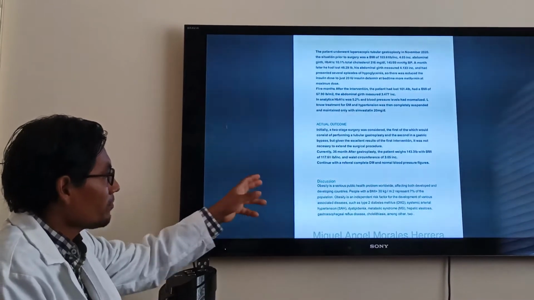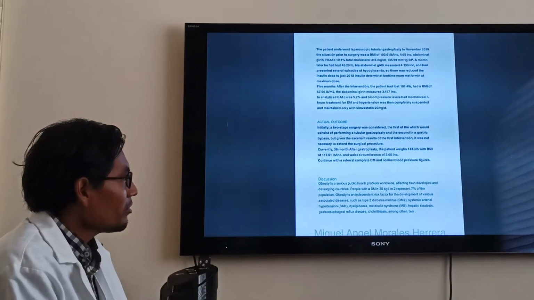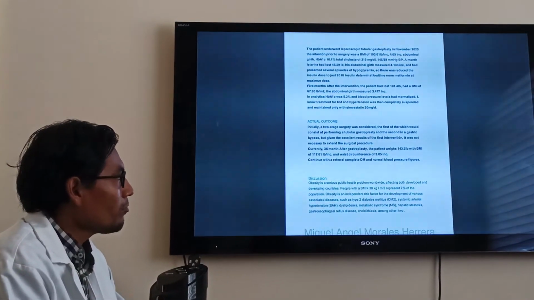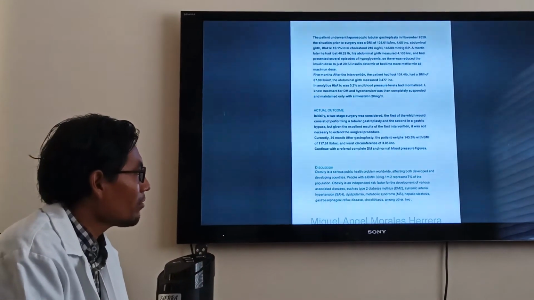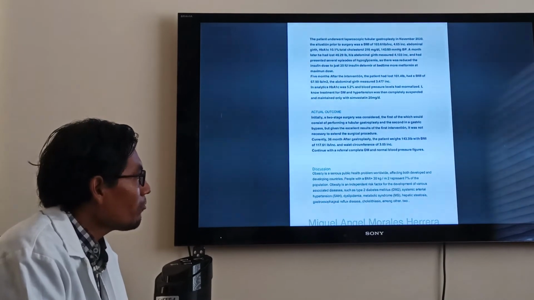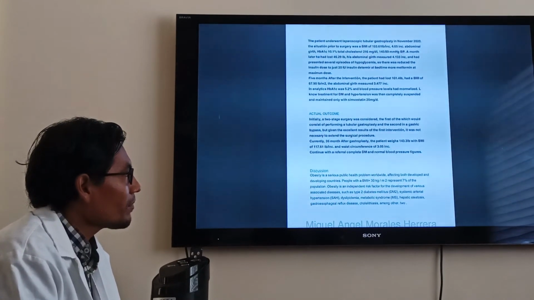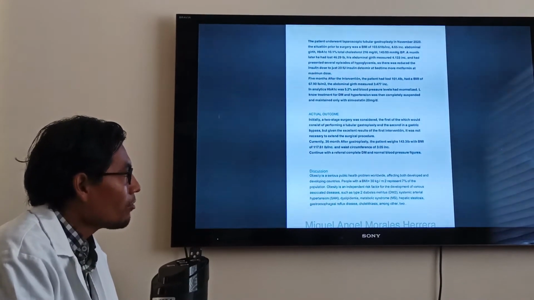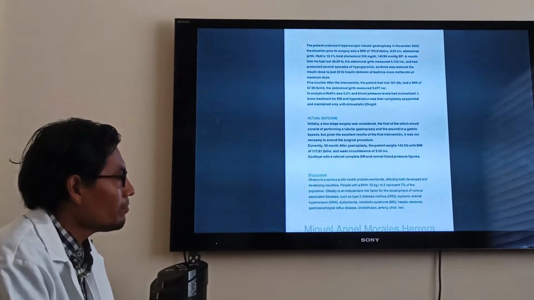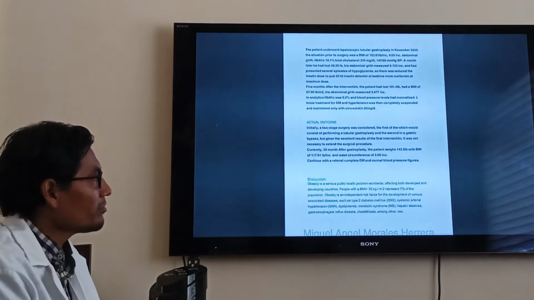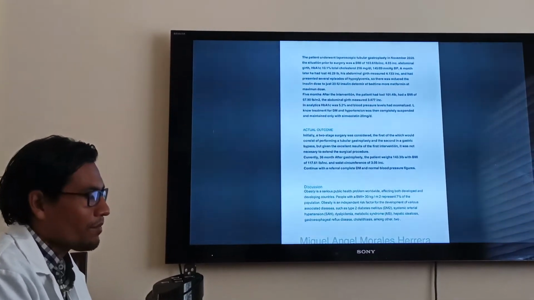About the discussion, obesity is a serious public health problem worldwide, affecting both developed and developing countries. People with a BMI of 30 kilograms per square meter or more represent 7% of the population.